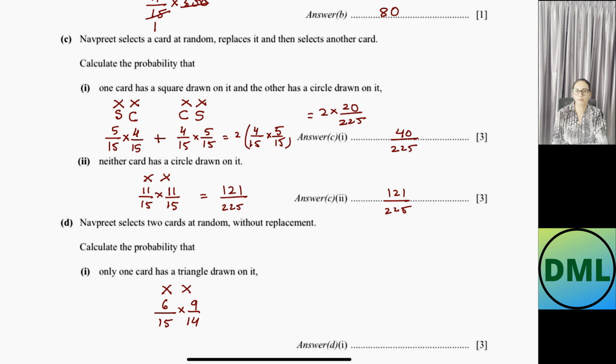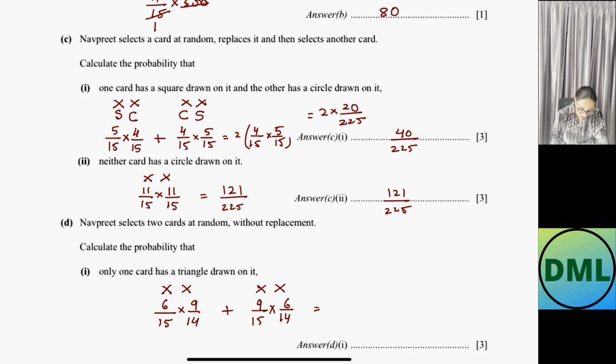I have to pick one more option. I am again picking two cards. In the first place, I am not picking a triangle at all, so the probability is written as 9 over 15, and then I am picking the triangle, which will be written as 6 over 14. I need to add the probabilities because I have done it separately.